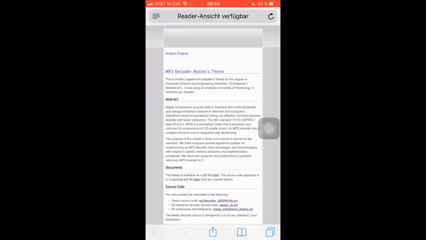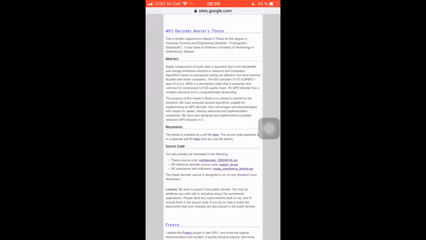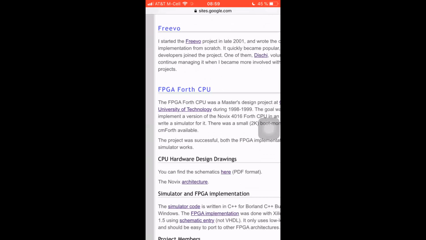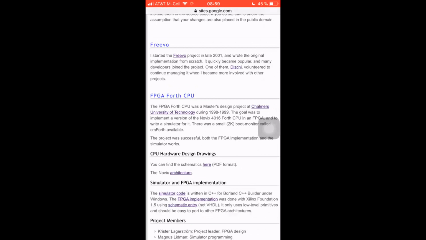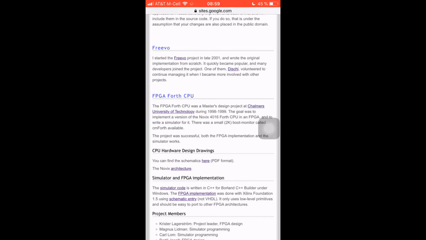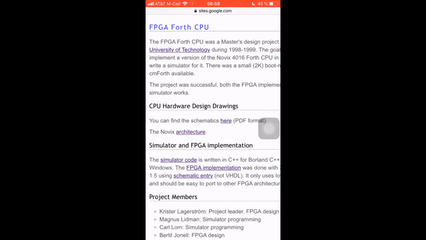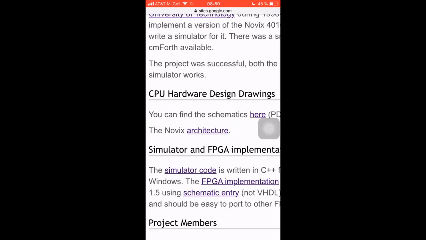Apparently, at Chalmers University in Sweden, I probably mispronounced that, some folks at the end of the 90s, amongst other things, re-implemented the 4016 in an FPGA. So there apparently is a pin description for this thing. And as part of the exercise, they wrote a simulator.